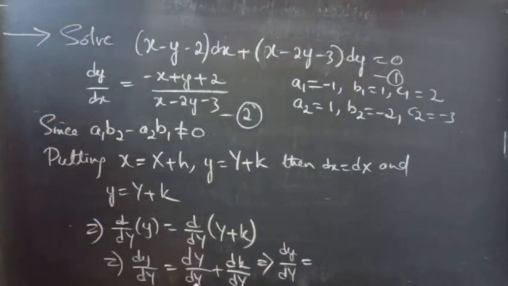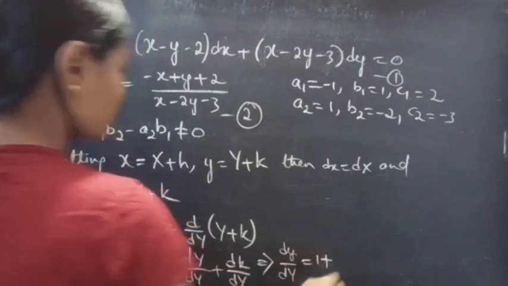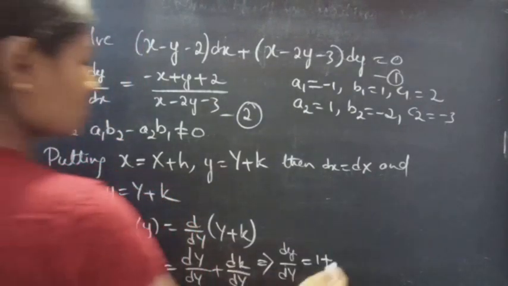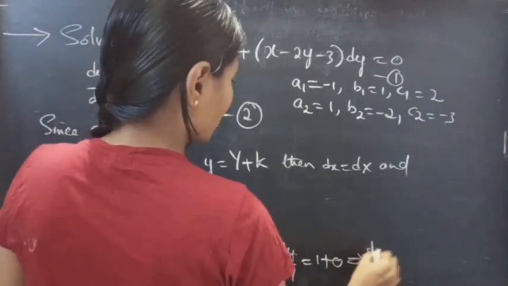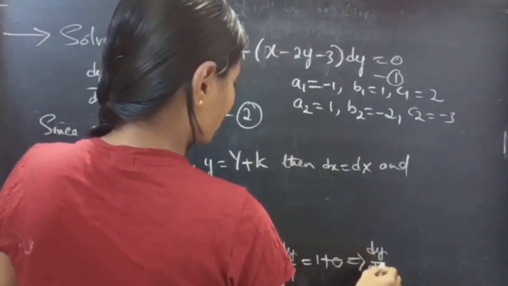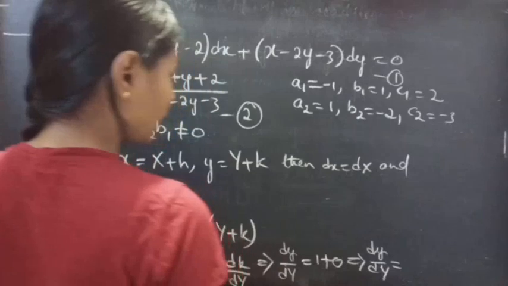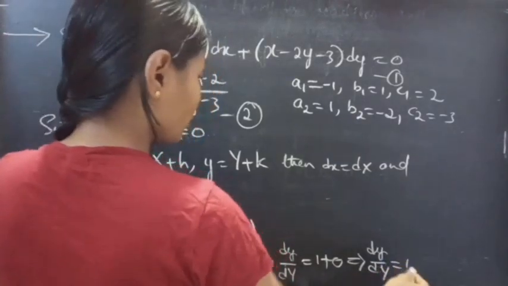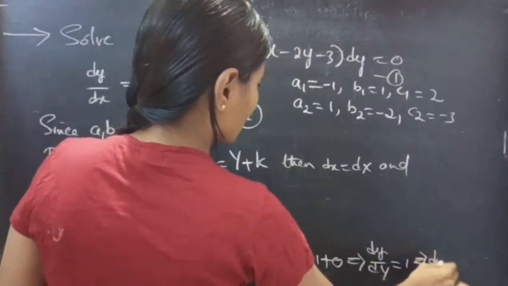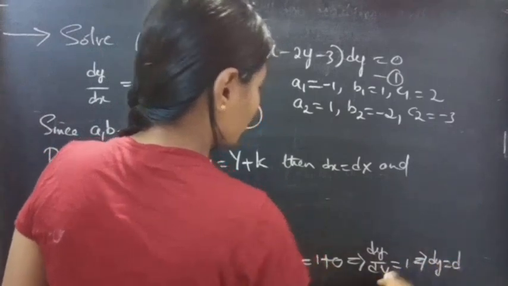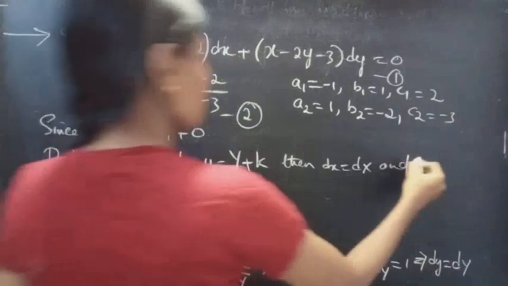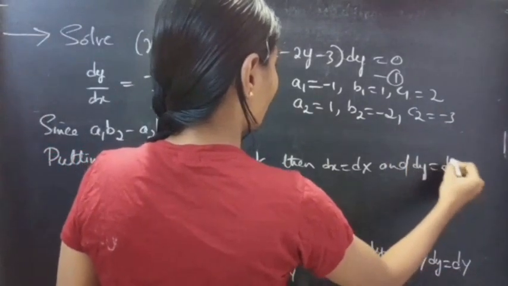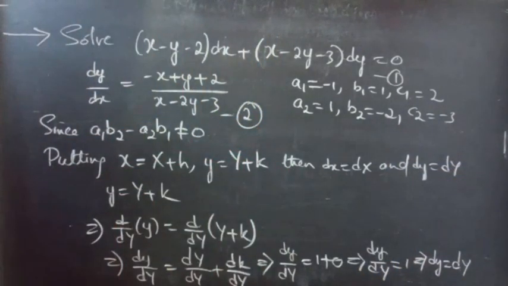Derivative of capital Y with respect to capital Y is 1, plus derivative of a constant is 0. Then we'll get dy by dY equals 1. From this we'll get small dy equals 1 into dY, which is dY, right? And dy equals dY.